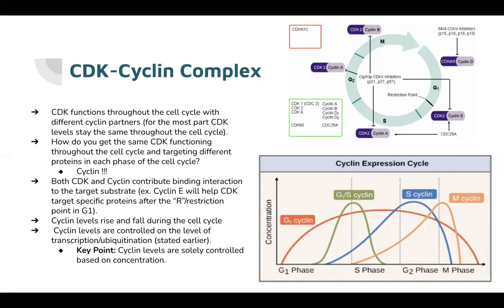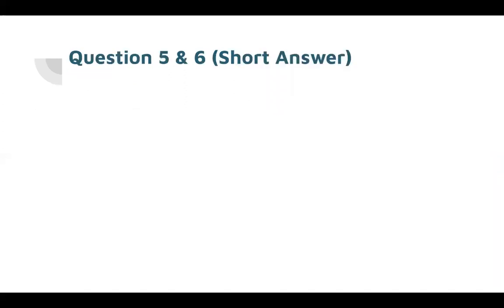It's the cyclin levels that are going to change, and that's what gives us the specificity. That's what allows the same CDK to function throughout the cell cycle and target different proteins in each phase, right? That's cyclin.